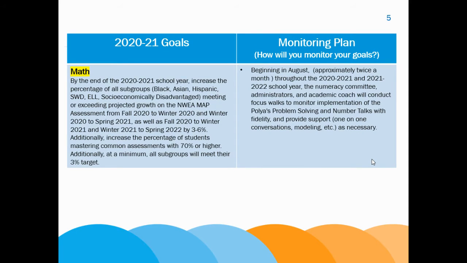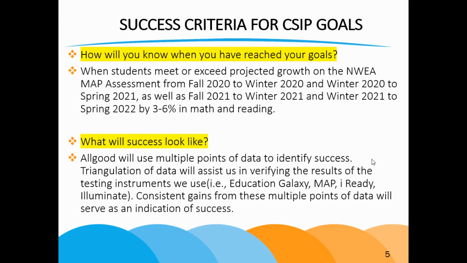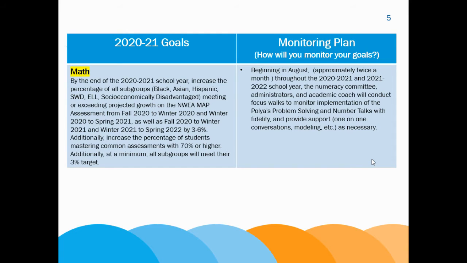For our 2020-21 goals for math, by the end of the 2020-2021 school year, increase the percentage of subgroups, Black, Asian, Hispanic, students with disabilities, ELL, and economically disadvantaged, meeting or exceeding projected goals on the NWEA MAP assessment for fall 2020 to winter 2020 and winter 2020 to spring 2021, as well as fall 2021 to winter 2021 and winter 2021 to spring 2022, by 3 to 6%.